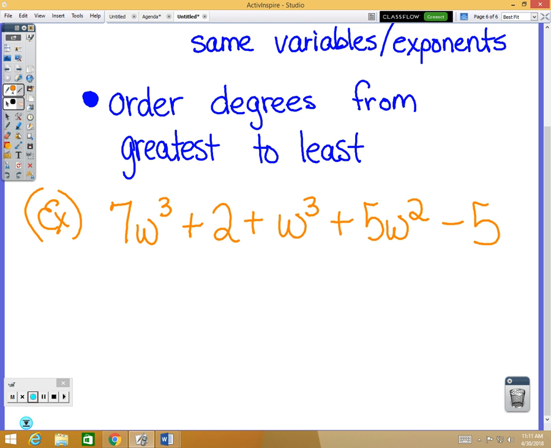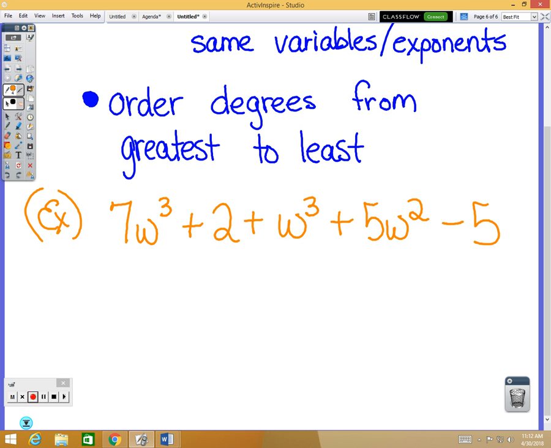Now, I don't know about you all, but I like to do 2 steps at once because it makes it easier for me. If you look in the textbook, the first thing it would do is reorder this. It would use the commutative property to reorder your terms so that you had your like terms by each other. And then it would combine like terms, and then it would make sure that your terms were in order.